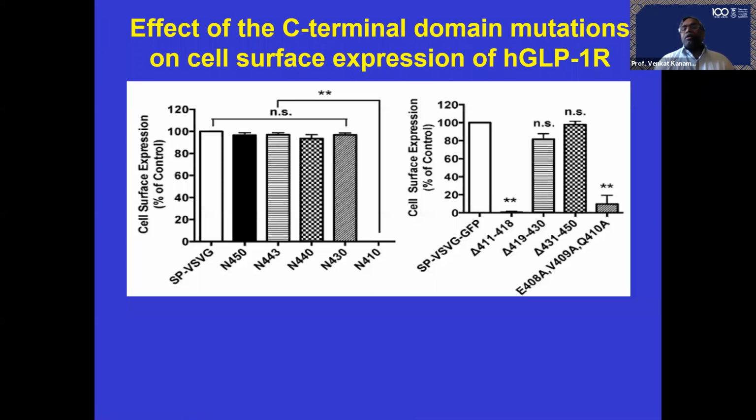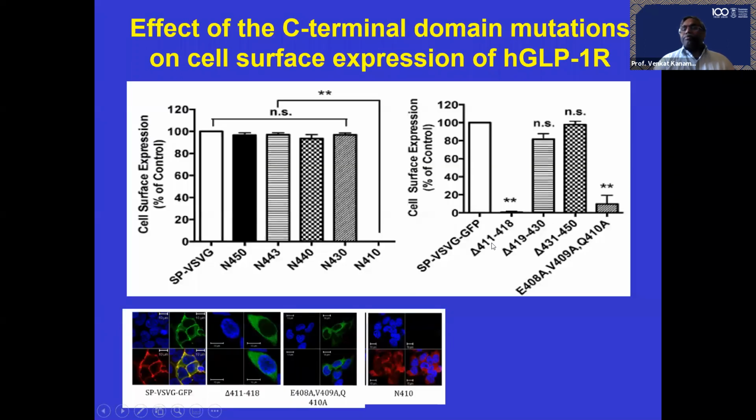As you can see, when we lost 53 amino acids, we see loss of the cell surface expression. We then made a series of internal deletions, and according to these deletions, if I summarize, this region is important for cell surface expression.